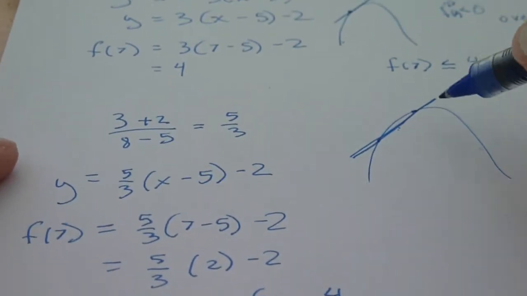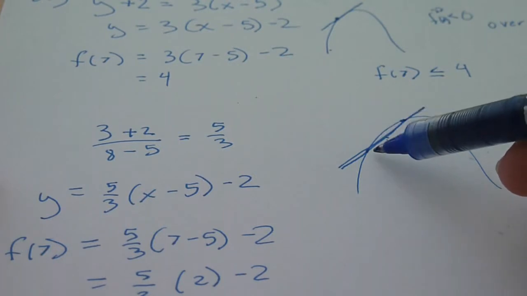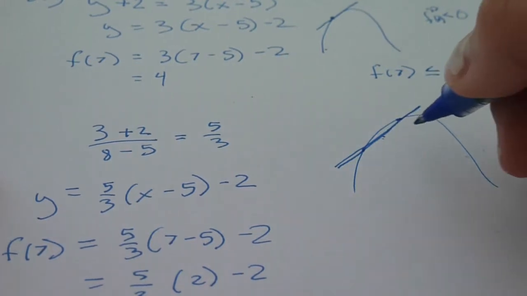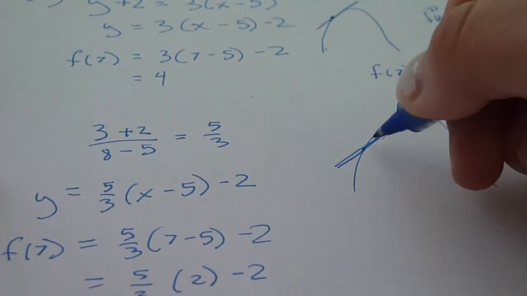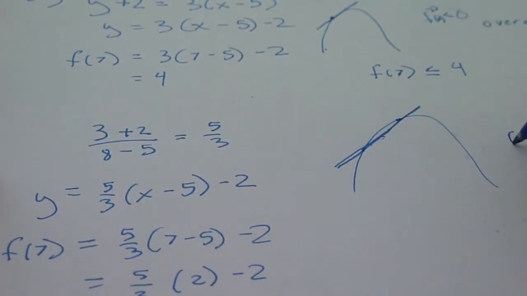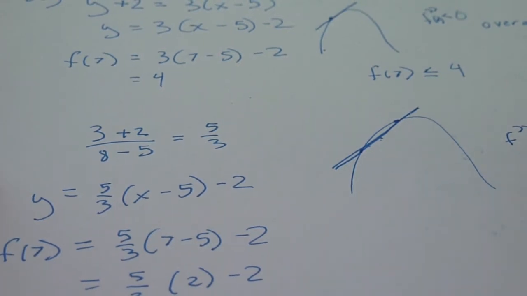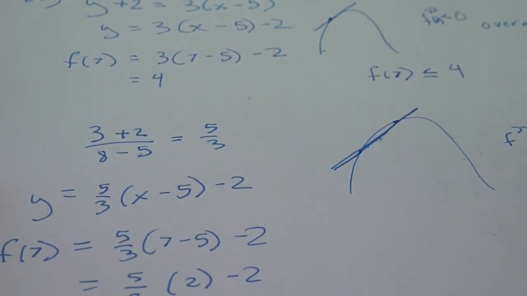Okay, but what can we tell about this? We can tell that this little secant line right here is under the actual curve. So because this is concave down, the secant line ends up underneath. So because f double prime of x is less than 0, the secant will be an under approximation.